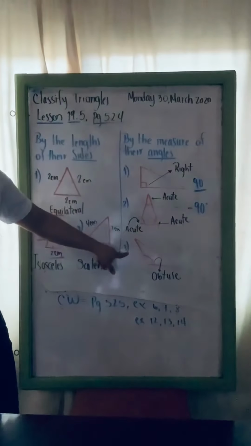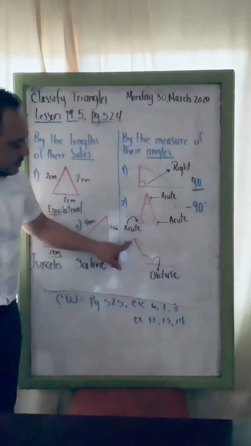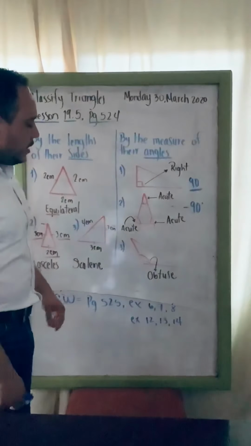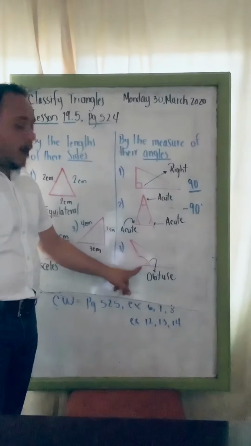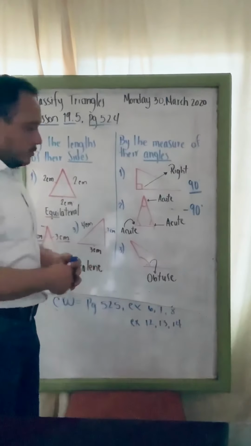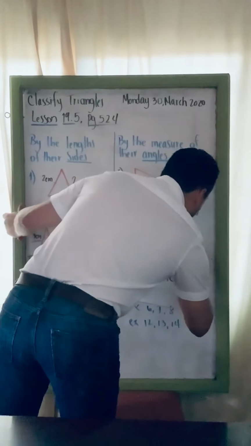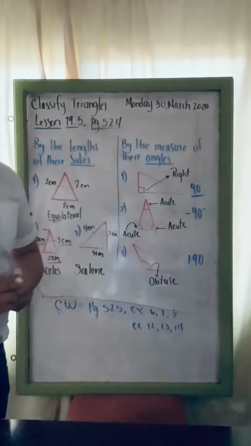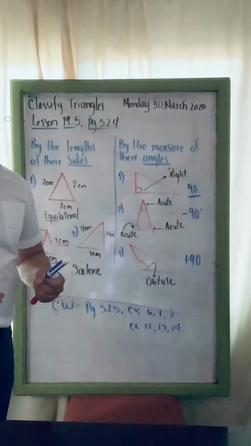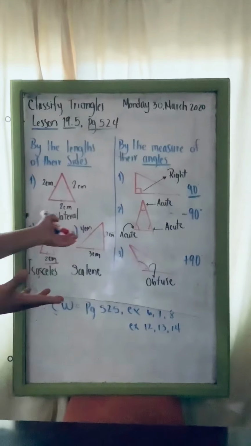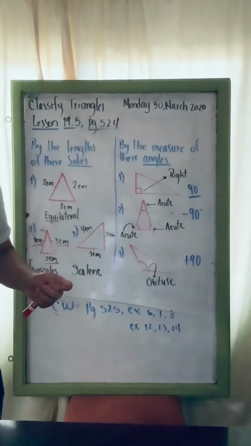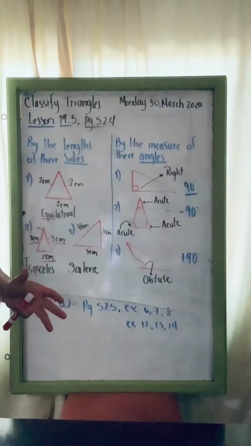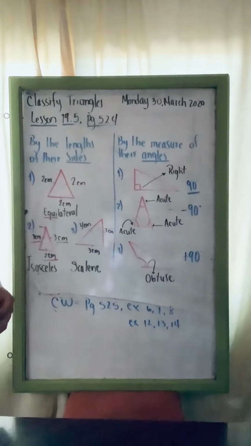And finally, we have number 3. You notice it's a very funny triangle. It looks weird, right? In this case, we have an obtuse angle. An obtuse angle measures more than 90 degrees. I repeat, measuring angles is a lesson that you studied a little before, so if you need more information, you can go back in your book and check more about measuring angles.